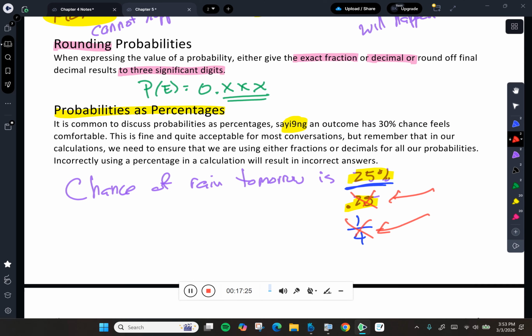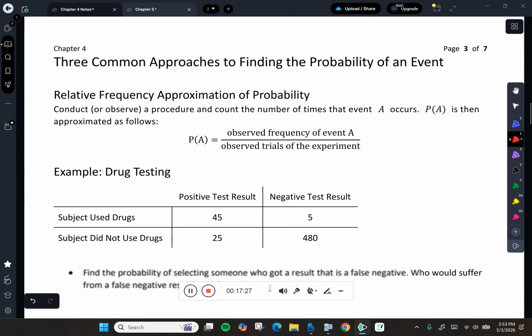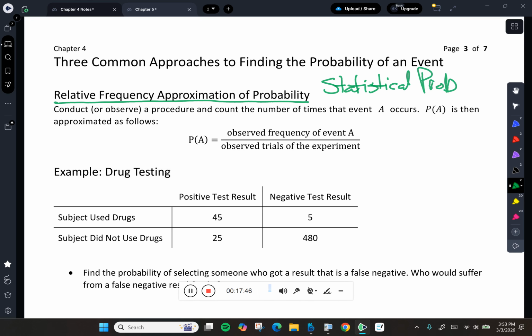There are 3 common approaches that we're going to use for finding the probability of an event. There's the relative frequency approximation of a probability, also sometimes called statistical probability or empirical probability.